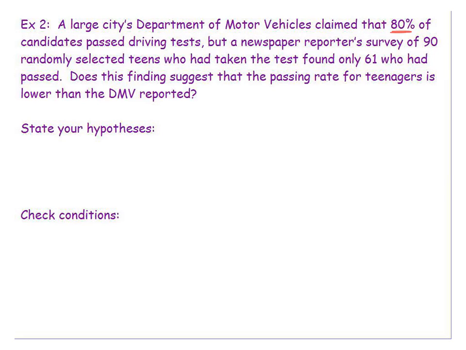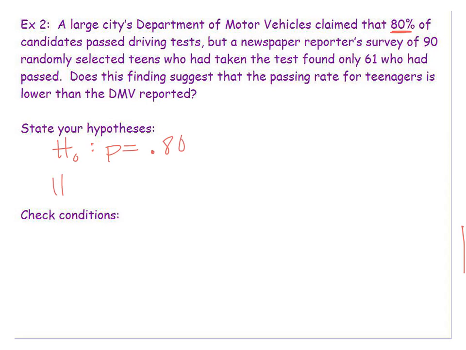So the first thing we need to do is state our hypothesis. So your original hypothesis, which is H sub 0, is always the original stated p-value. Well, that was 80% or 0.80.